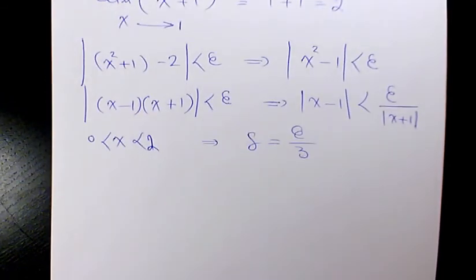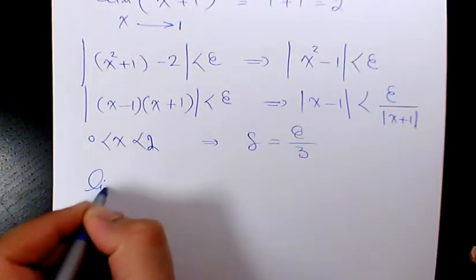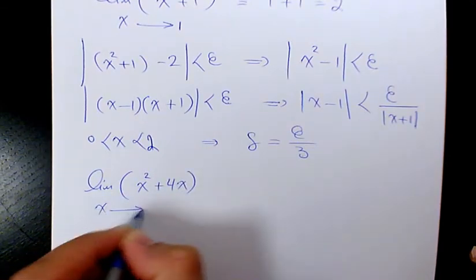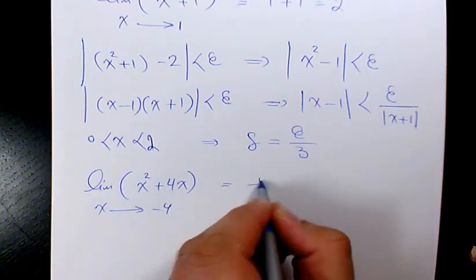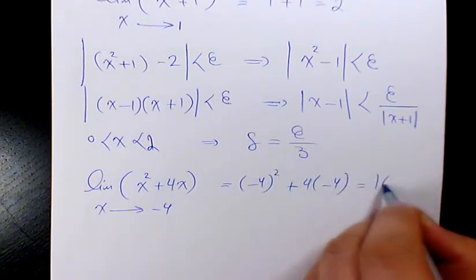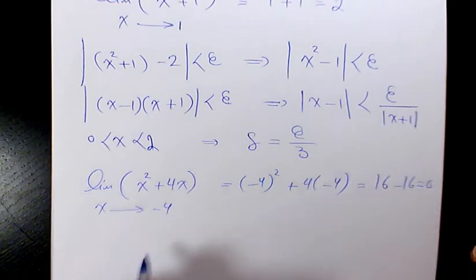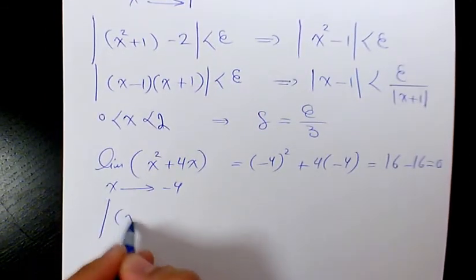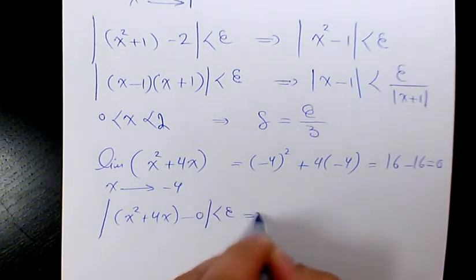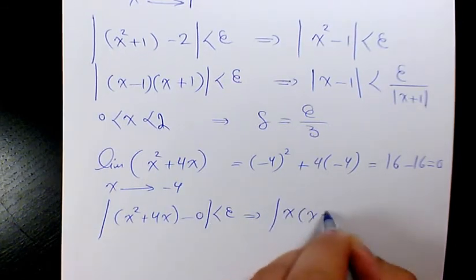Next example, the limit of x squared plus 4x when x is approaching -4. It's going to be -4 squared plus 4 times -4. That's going to be 16 minus 16, which equals 0. So the absolute value of x squared plus 4x minus 0 has to be less than epsilon. Then you factor that.